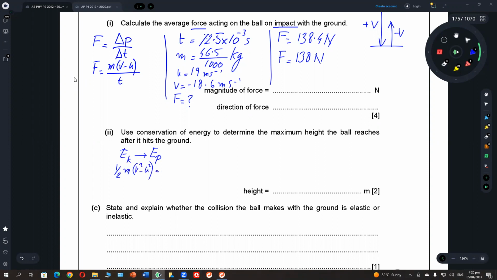So I write this formula. This is the working. Loss in kinetic is equal to gain in potential. I have to show working.